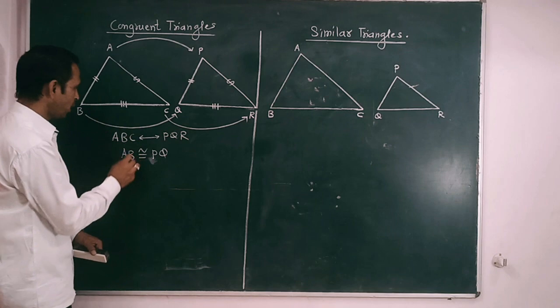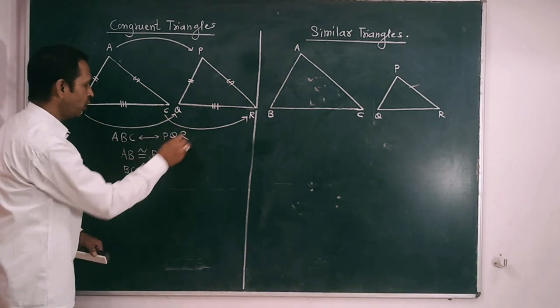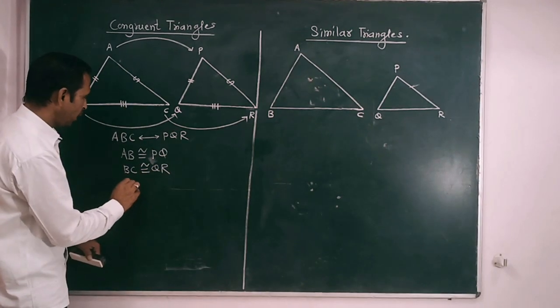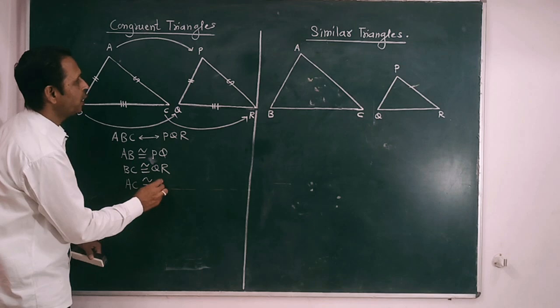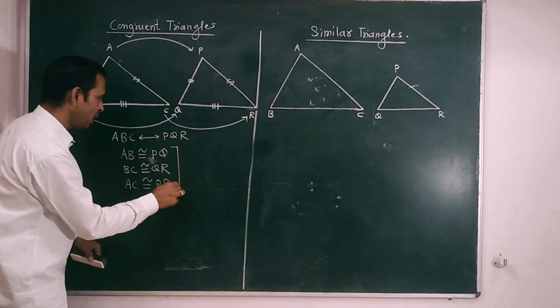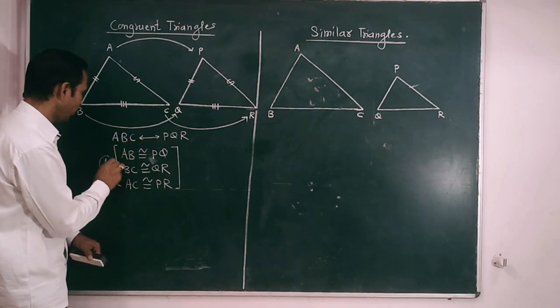Second, the corresponding side BC is congruent to the corresponding side QR. Side AC is congruent to the corresponding side PR. Means all these 3 sides are congruent. See here, this is the first statement.